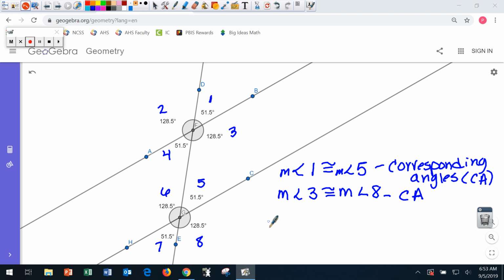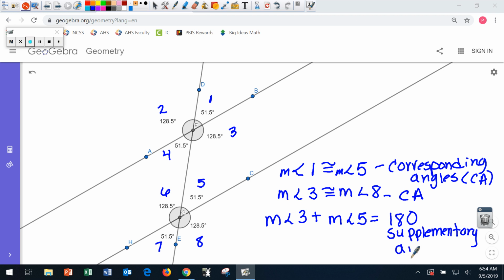Okay, there are some more things we need to talk about. If you look at angles 3 and 5, if you add these two angles together, they are equal to 180 degrees. So we're going to say the measure of angle 3 plus the measure of angle 5 equals 180. And what's the rule for that? They're called supplementary angles. Supplementary angles are angles that add together, or sum, to equal 180.